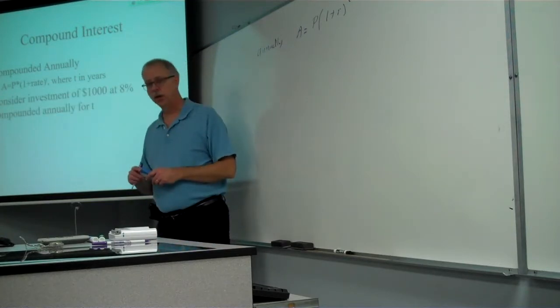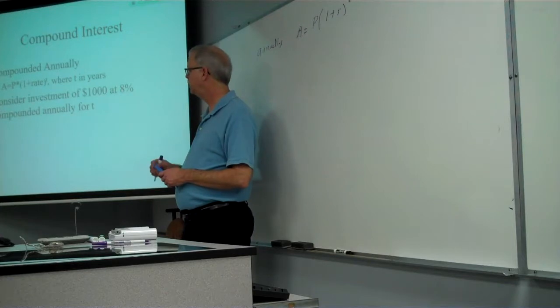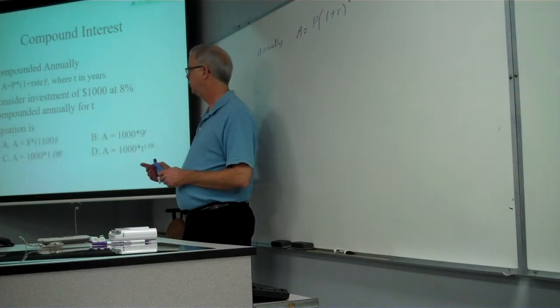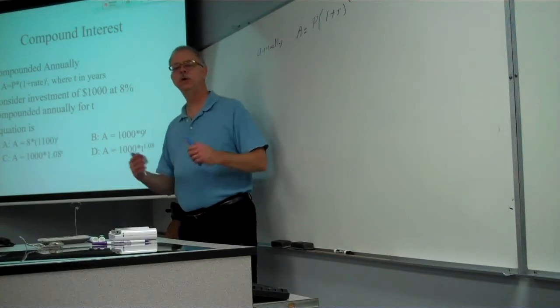So, we could look at some investment scenarios. If we invest $1,000 at 8% compounded annually for 2 years, what formula would we use at that point?